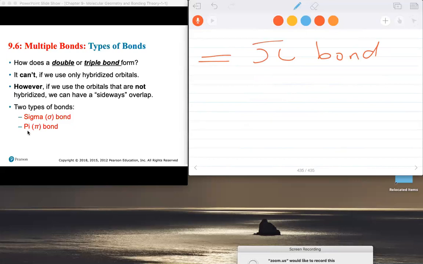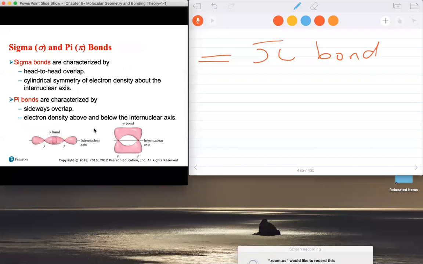When you look at multiple bonds, we will be talking along these 2 terms. When we say sigma bond, what should come to your mind? A single bond. When we say pi bond, what comes to your mind? Let's see.